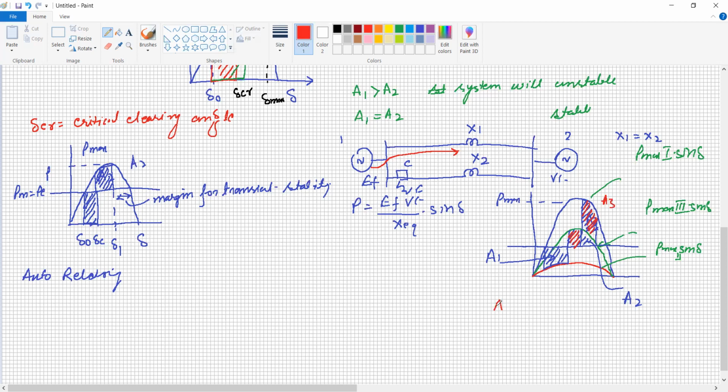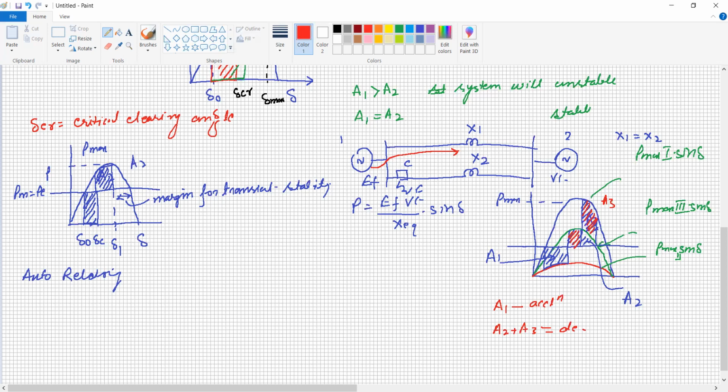So A1 is the acceleration area, whereas A2 plus A3 is the deceleration area. And definitely under such a system, the system goes to the stable one. So the improvement in transient stability is also done with the help of auto reclosing.